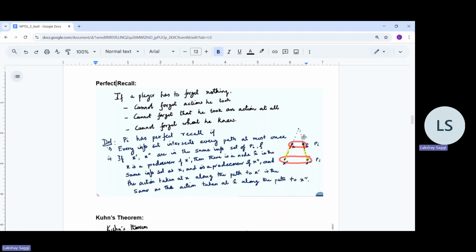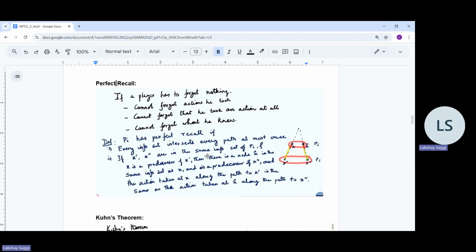So a player knew something before which the player does not know now. And this means that the player has forgotten something which he knew. And that's why this cannot happen, that x and x hat cannot lie in different information sets. So they should lie in the same information set.